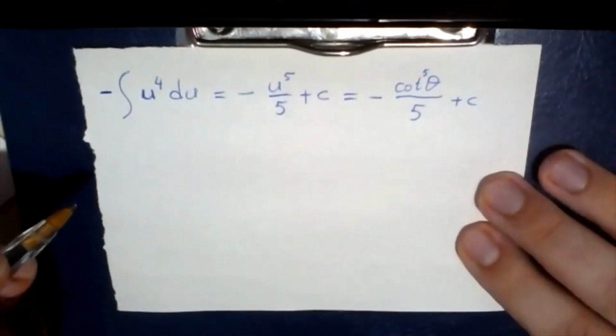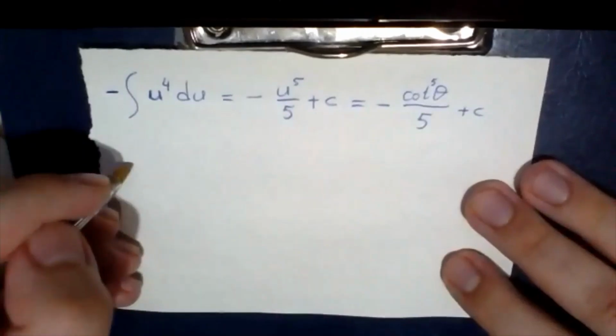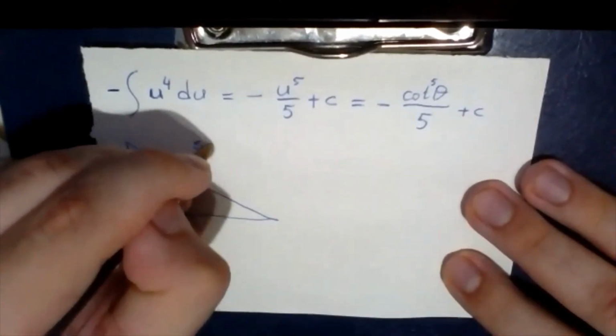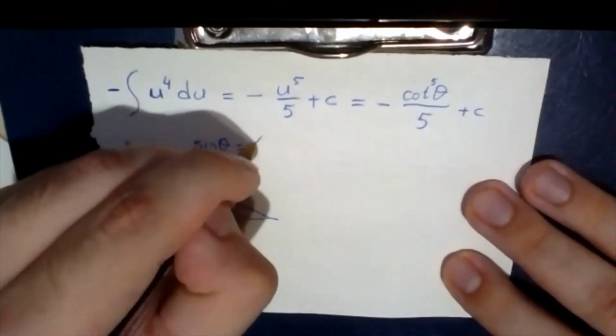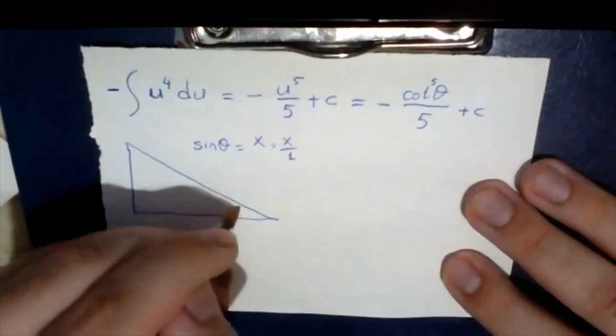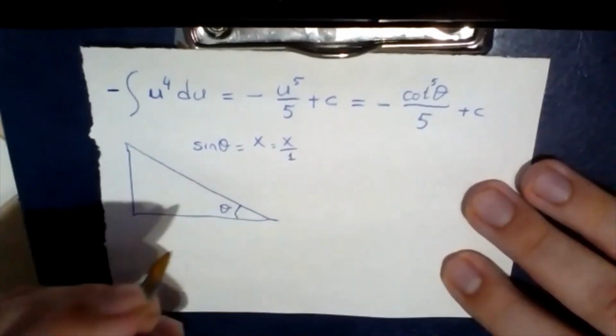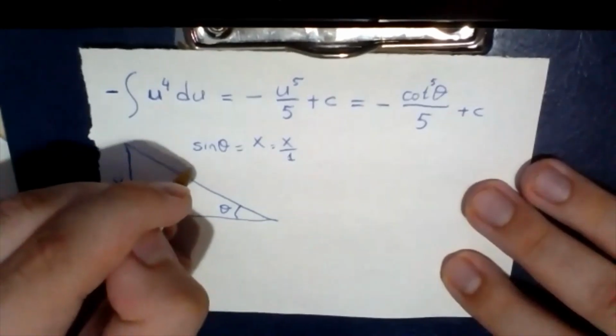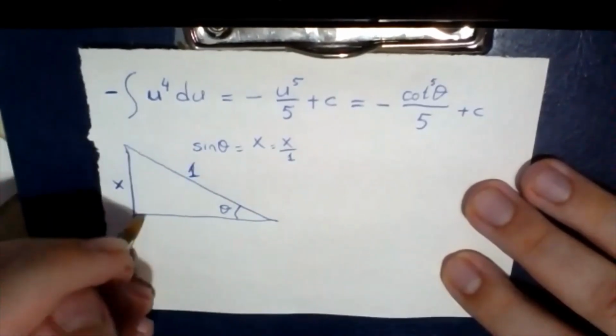But we also need to turn back to x. What was our substitution? x is equal to sine theta. So we should draw a triangle which satisfies sine theta is equal to x, or in other words, x over 1. If this is theta, this length should be x, and this length should be 1.